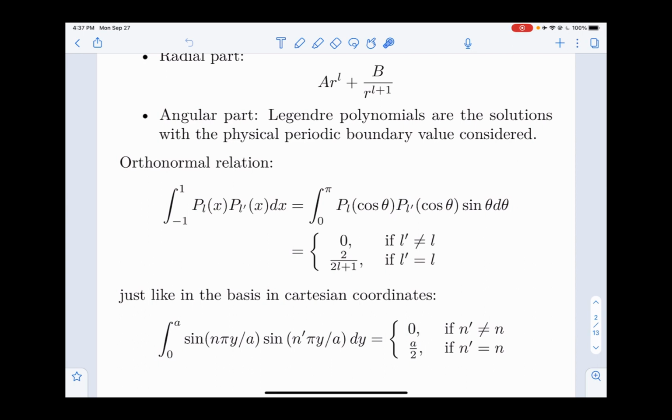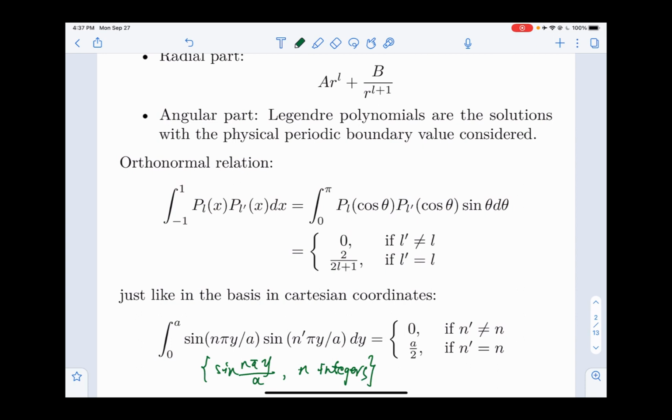This set of functions will form a basis, even though this basis is not normalized.